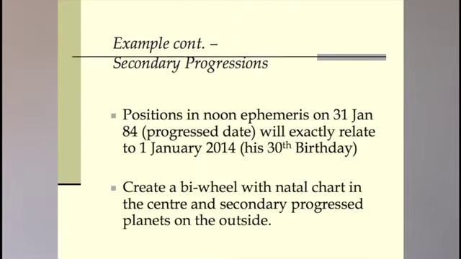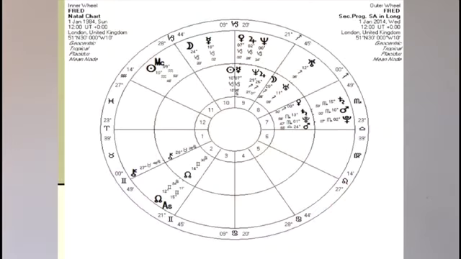And then what you do is you take the positions out of the ephemeris on the 31st of January 1984, the progressed date, and they will exactly relate to his 30th birthday, 1st of January 2014. So you do a bi-wheel with the natal chart in the middle and the secondary progressed chart on the outside. That's what one usually does. And here I've done it for Fred on slide 8.